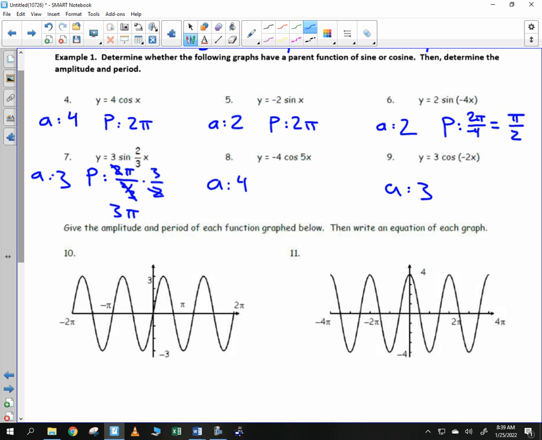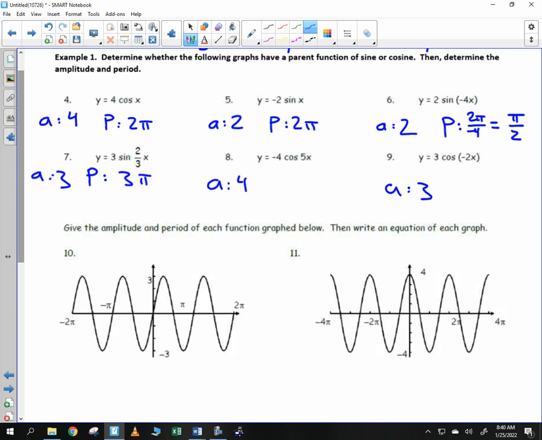So, as I write it, 2 pi divided by 2/3. Instead of dividing by 2/3, I'm going to multiply by 3/2. So I just changed my operation. So I can cancel, I just changed the problem. Anyway, we do get 3 pi out of that.